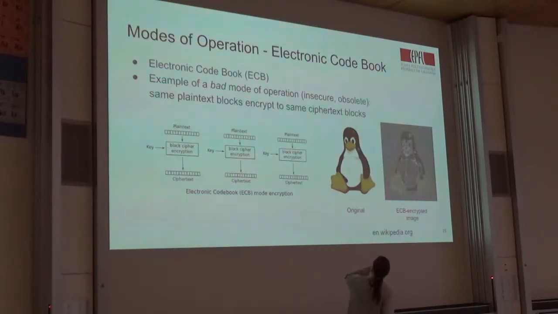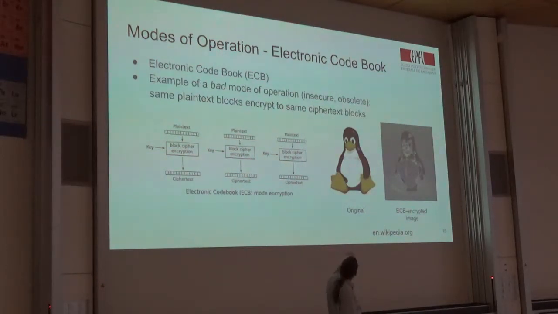And what went wrong is that the block cipher is deterministic and you're using exactly the same key throughout the whole message, so any two blocks that happen to have the same plaintext will also have the same ciphertext, right? And that's what you're seeing in the pattern to the right.